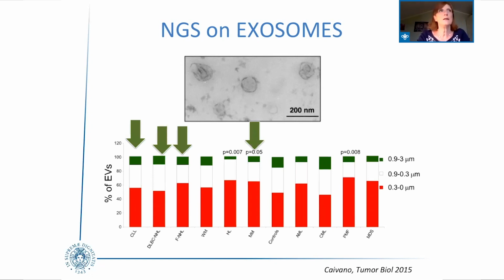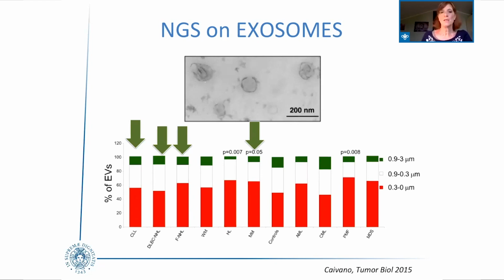We can hypothesize that exosomes can be the target of our MRD detection, because it's not rare to find patients who are MRD negative in bone marrow but relapse outside the bone marrow, especially in multiple myeloma or non-Hodgkin lymphomas.